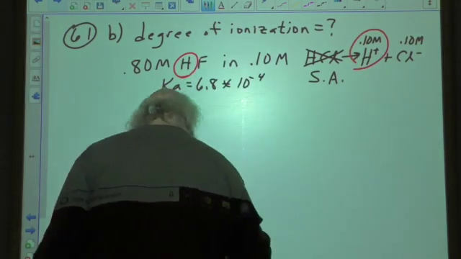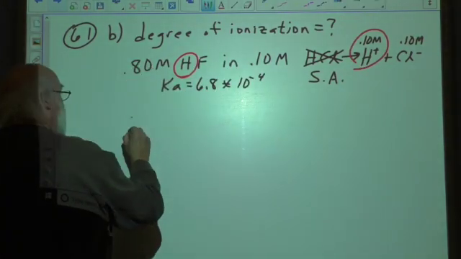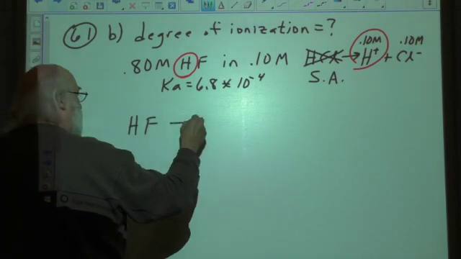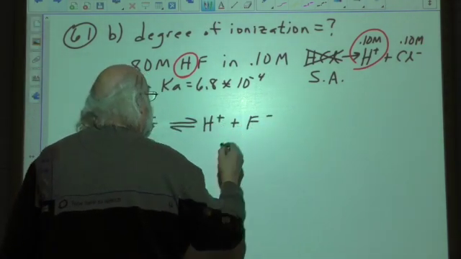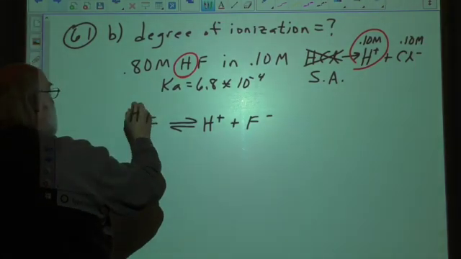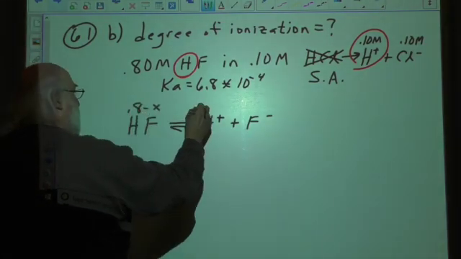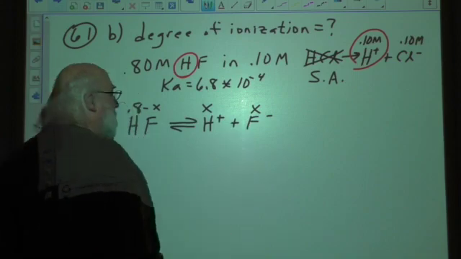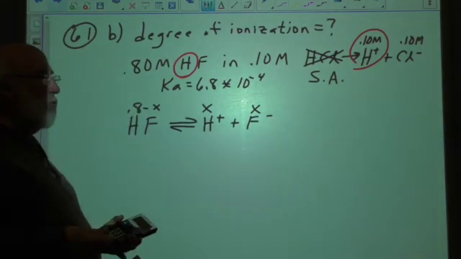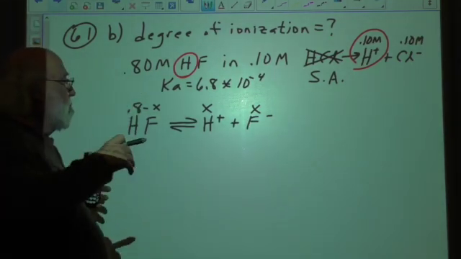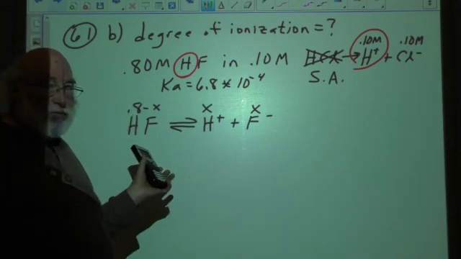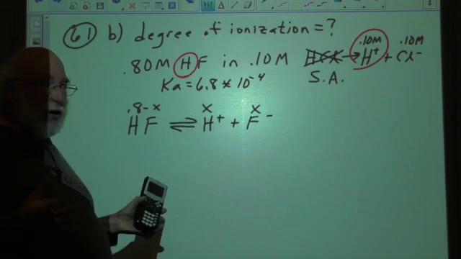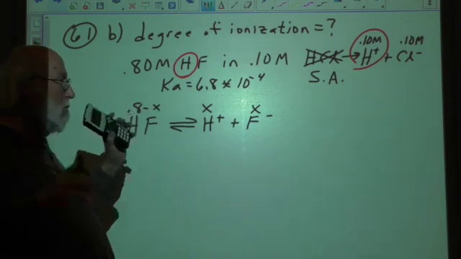In fact, if I wrote that out again, which I probably should, HF double arrow, H positive plus F negative, and we have 0.8 minus X here, we have X here, and we have X here, we can see in the solution we have 2 compounds donating hydrogen ions to the cause, whatever the cause is. Brotherhood of Hydrogen Ion Society, I don't know.